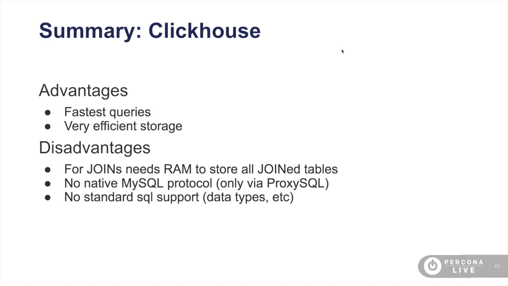I found that ClickHouse works best if we have a single table with many, many columns; that is the most efficient. When we start using joins, they work very well, but we quickly run out of memory, because the current implementation of ClickHouse needs to load the join tables into memory.